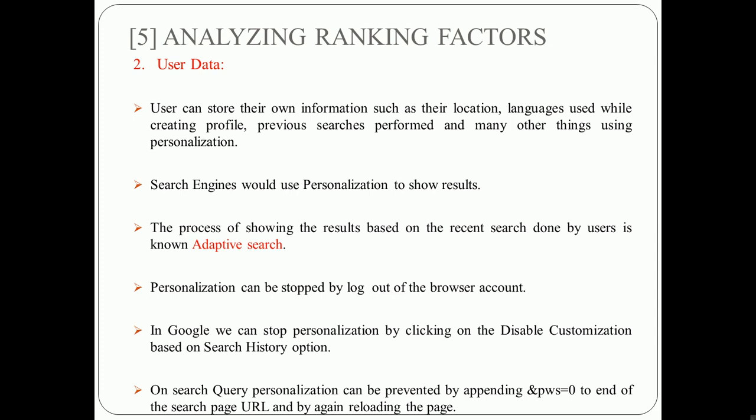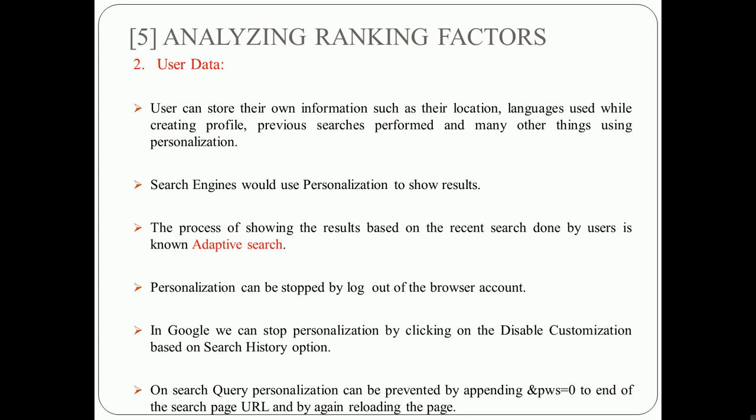You can check it by analyzing the ranking factors. User data you will get from different users if you have domain-level access, you can view these details. Search engines use personalization to show your result. Search engines also provide these facilities to personalize your result.